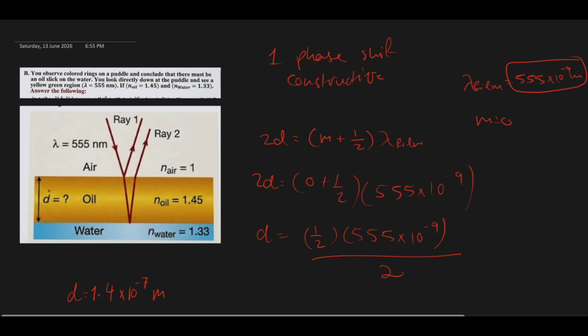So this is how thin the oil slick is. Okay, so this is how you calculate it. First of all, you identify how many phase shifts. Once we identified it, we want to know if it was constructive or destructive. Once we understood it from the question, then we get to choose the suitable equation.